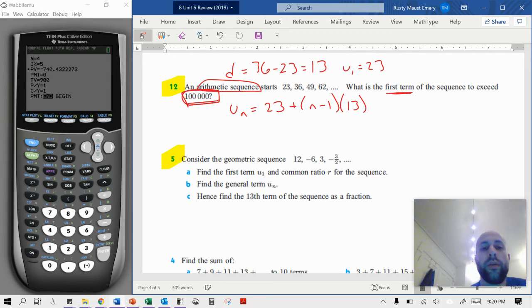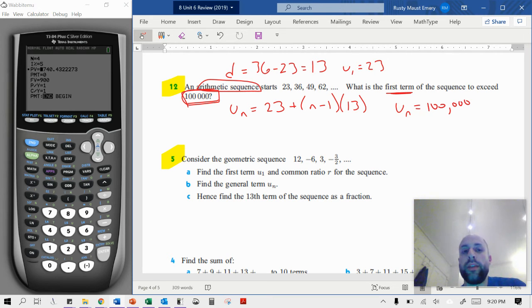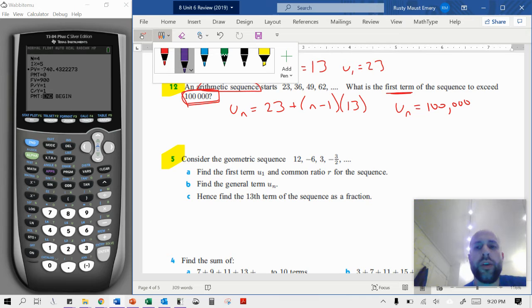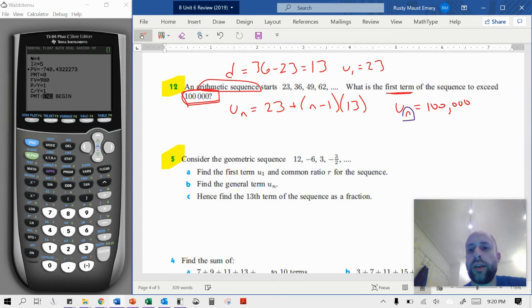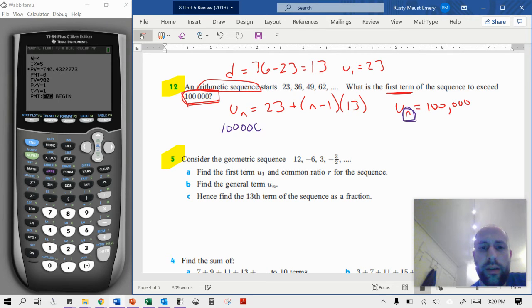So first of all, we could think, okay, so is 100,000 a term in the sequence? So is there some term number, is there some position in the sequence that has a value of 100,000? Well, we could plug it in and find out. So we can take and plug in 100,000 for u sub n.